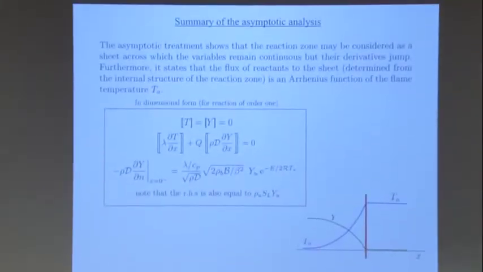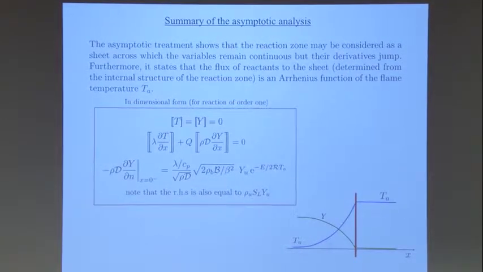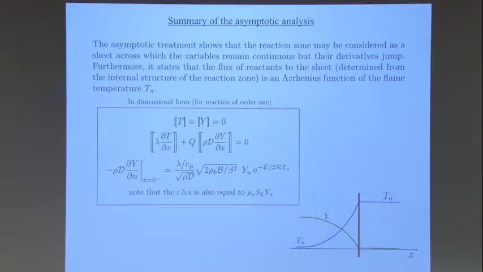Those are important results that you see immediately come out from the simple expression, and so it's very useful. I think this is the last transparency except for this one, which is a summary of what we learned from the asymptotic analysis, apart from the simple expression that we got for the flame speed. What did we learn?